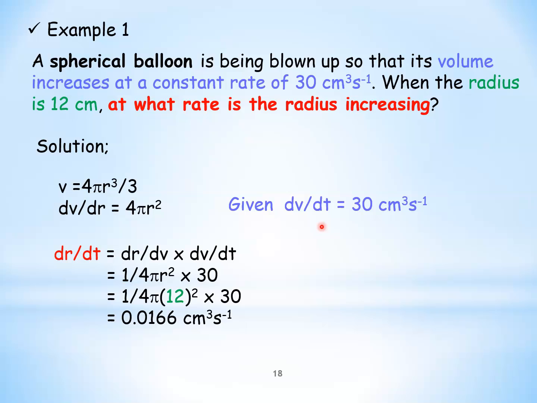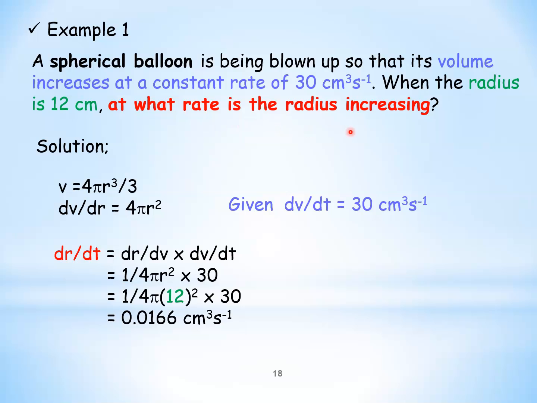Now you can use the chain rule. Sorry, this dr/dt is what you have to find. At what rate is the radius increasing? So rate means d over dt. Kadar is over dt. Okay. Radius is r. So we're going to find dr/dt.